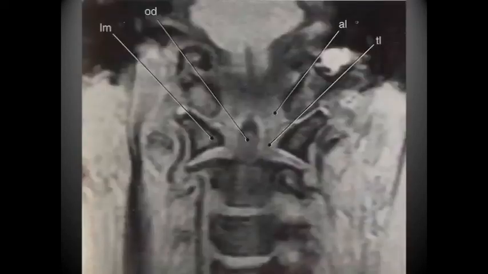This may be slightly more difficult to see, but we have the lateral masses of C1, we'll abbreviate it LM. We have the occipital condyles of the occipital bone for articulation.